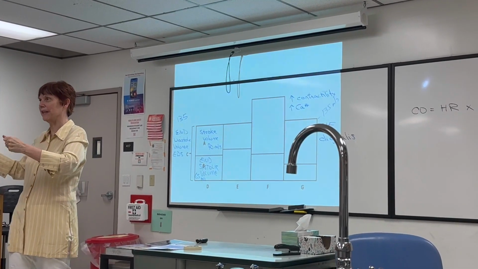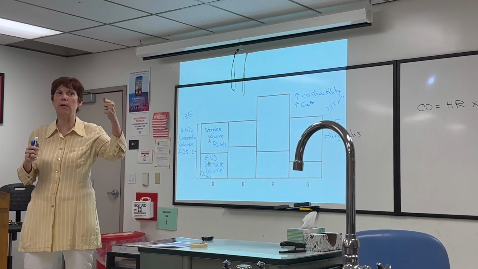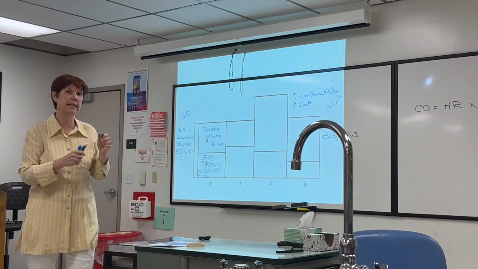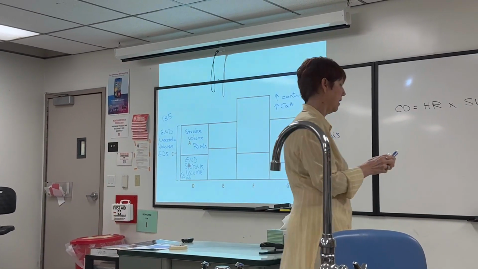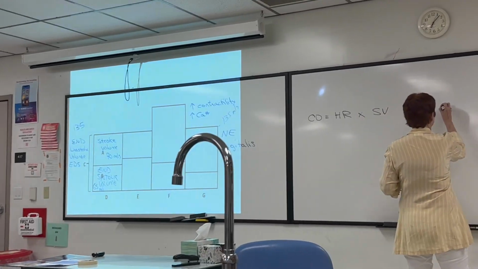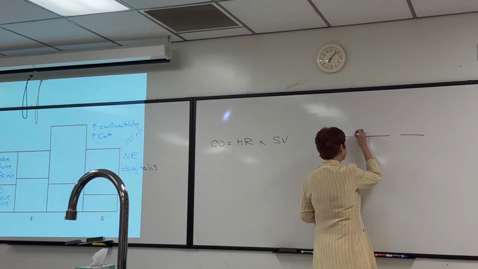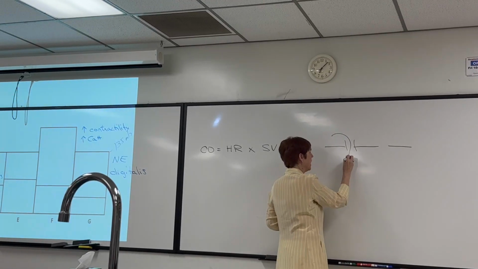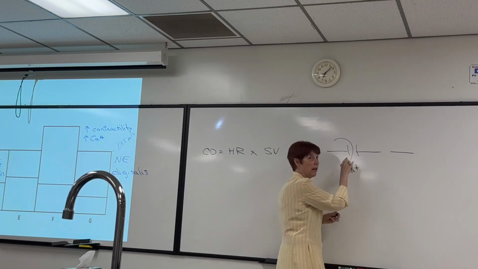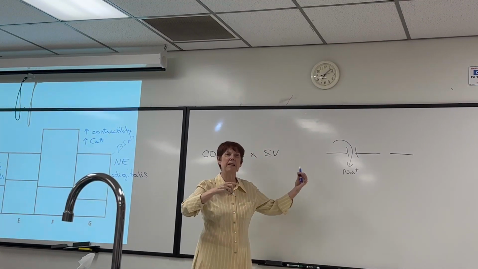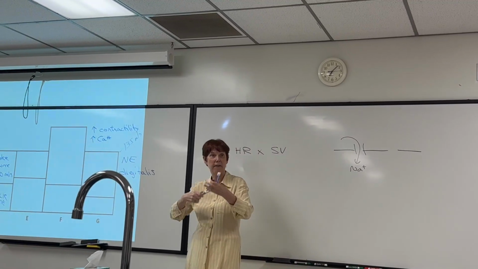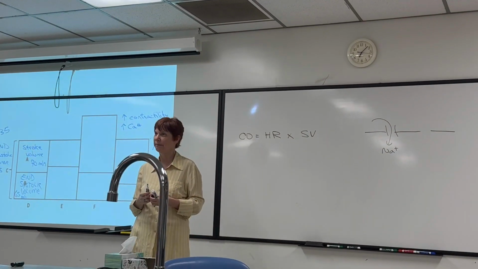These are a couple of steps here of a review. We're not moving sodium out, but sodium still comes into the cell, so we still have sodium leaking into the cell via open leak channels. And normally the sodium-potassium pump would take care of that by pumping the sodium out.